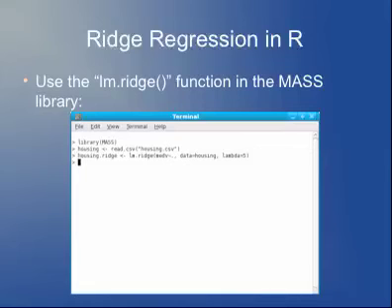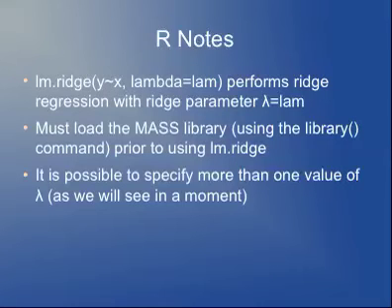So in general, if you say lm.ridge y ~ x or y ~ x1 + x2, whatever the case may be, it'll do ridge regression with a value of lambda equal to whatever parameter you specify.